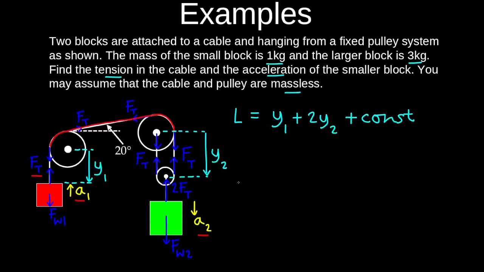So if we differentiate this twice with respect to time, the length of the entire cable is constant, and we obtain the acceleration of block 1 plus 2 times the acceleration of block 2. So therefore, in addition to the equations of motion of the blocks, we have a third equation to solve for the three unknowns.